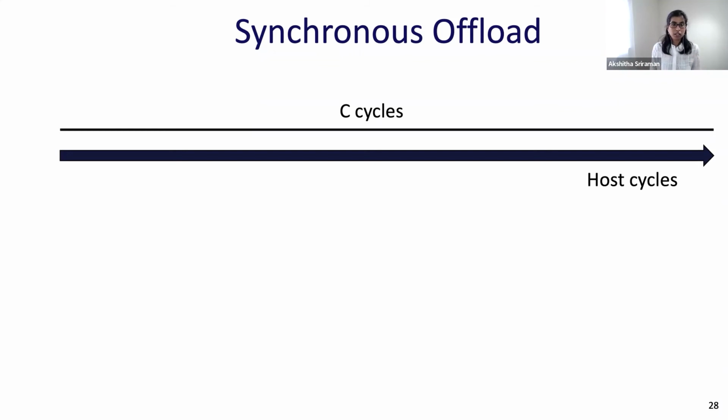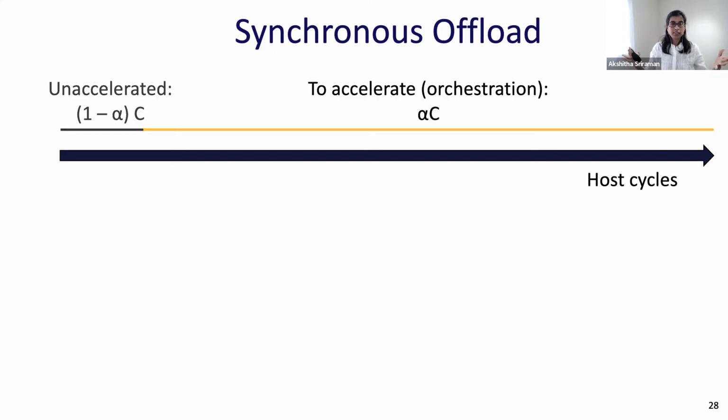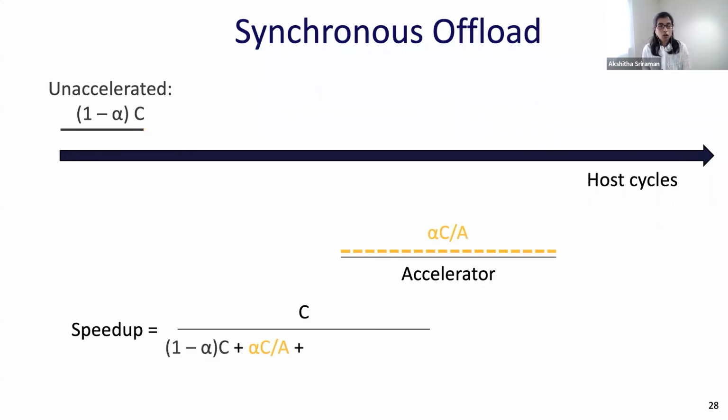Based on Amdahl's law, we know that the C cycles can be divided into the portion that needs to be accelerated, which in our case is the orchestration overhead and some lower-level primitives, and the portion that we're not accelerating, using this constant alpha, whose value is less than 1. If we were to execute these orchestration cycles on an accelerator that has an acceleration factor of A, the cycles spent on this operation would be decreased by A.